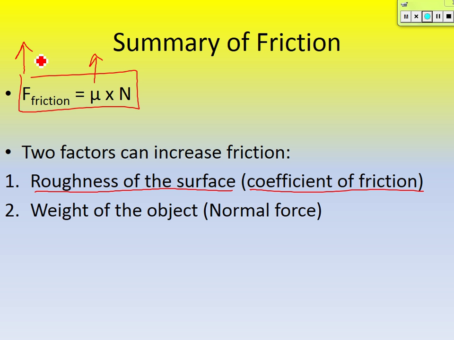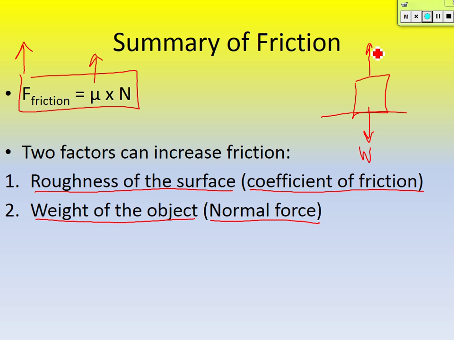Another factor that can increase the force of friction is the weight of the object, because the weight affects the normal force. Remember when we were drawing our free body diagrams, we had weight coming down, but most things are sitting right on the ground and not moving up and down.